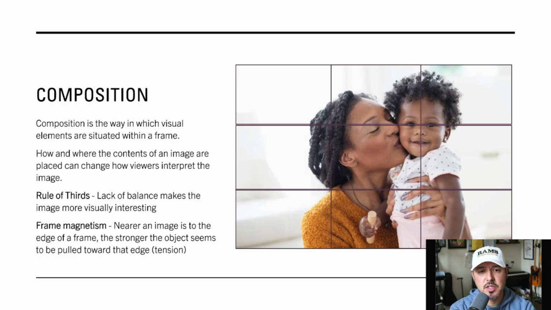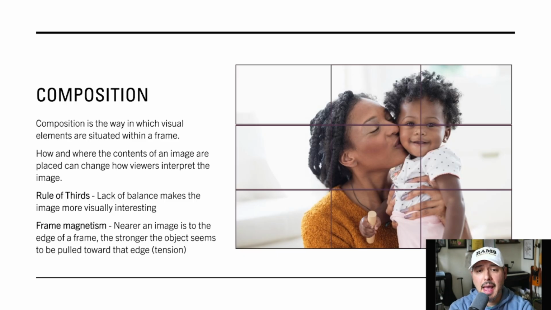Composition is how a visual element is situated within a frame. And a lot of times, we might just be taking snapshots, not a lot of intention behind how a thing is being presented within the frame that we're using with our phone or camera if we have one of those.